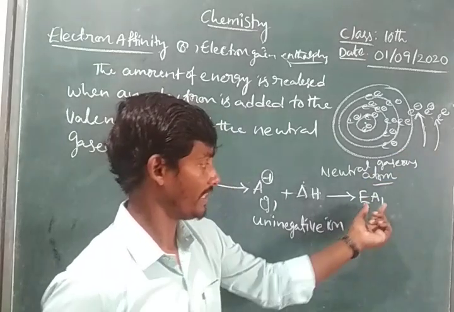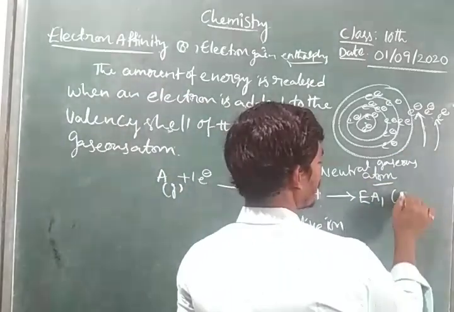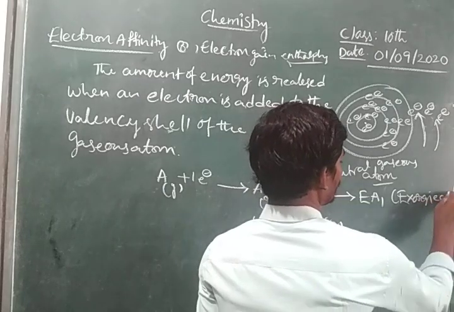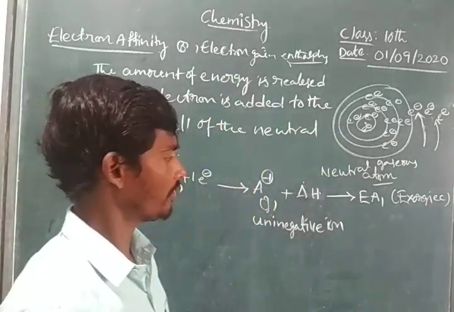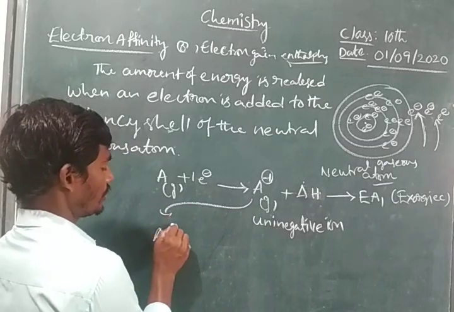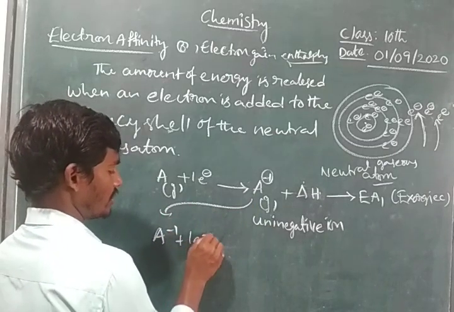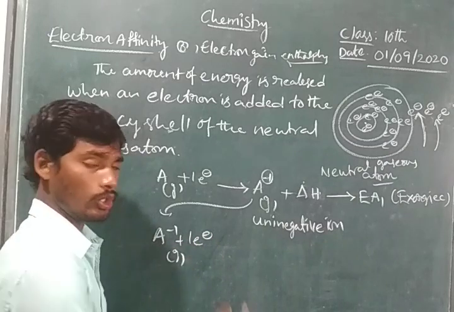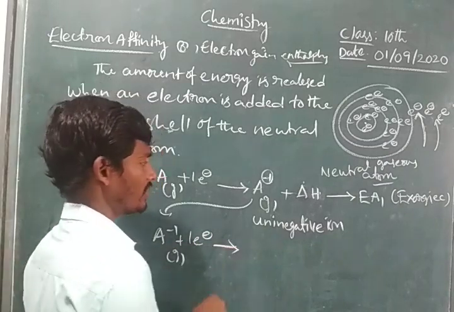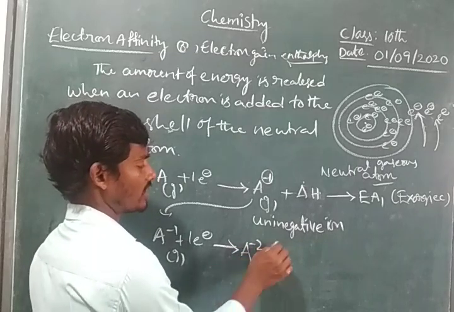That's why we consider EA1 as exothermic. But adding one more electron to the uninegative ion is too difficult, and it requires more energy.